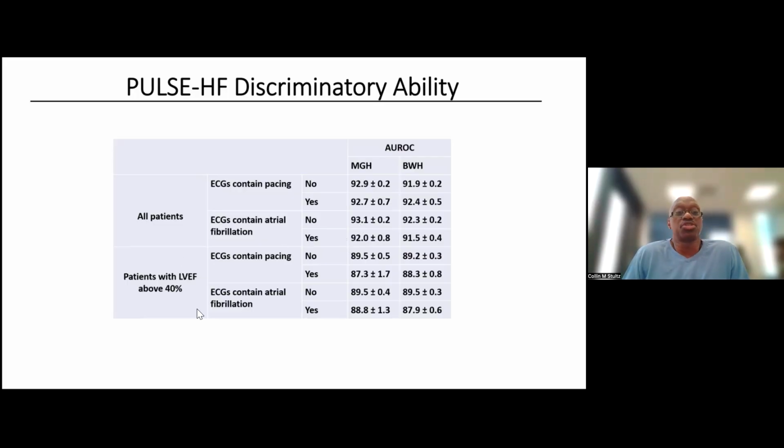And even in patients that have relatively preserved EF greater than 40%, it is the same. So these are patients that may be a little bit, well, I don't want to say healthier, but have a better prognosis, at least looking at the LVEF, it's preserved. In those that have abnormal electrocardiograms, either indicated by the presence of atrial fibrillation or not, and those that are paced, all of these data are relatively the same.